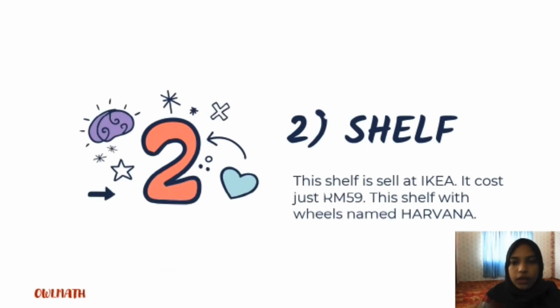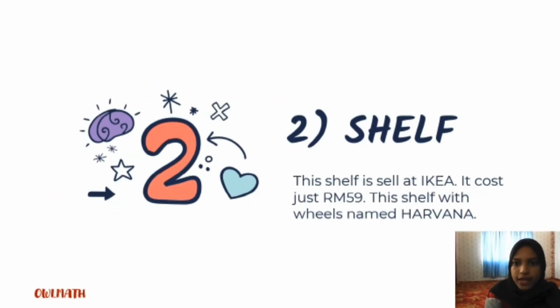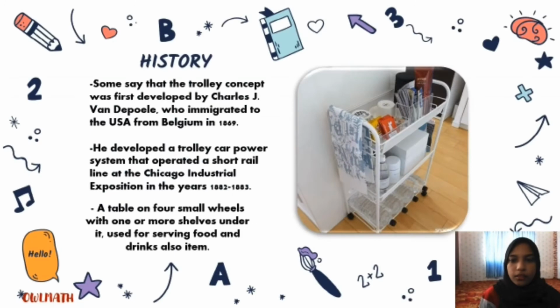Now for our second case for our project, it is a shelf sold at IKEA, and the name of the shelf is Harvana. Now I will talk about the history of this shelf. Since this shelf has wheels, I will call it a trolley. Some say that the trolley concept was first developed by Charles J. Van Depoele, who immigrated to the USA from Belgium in 1869.